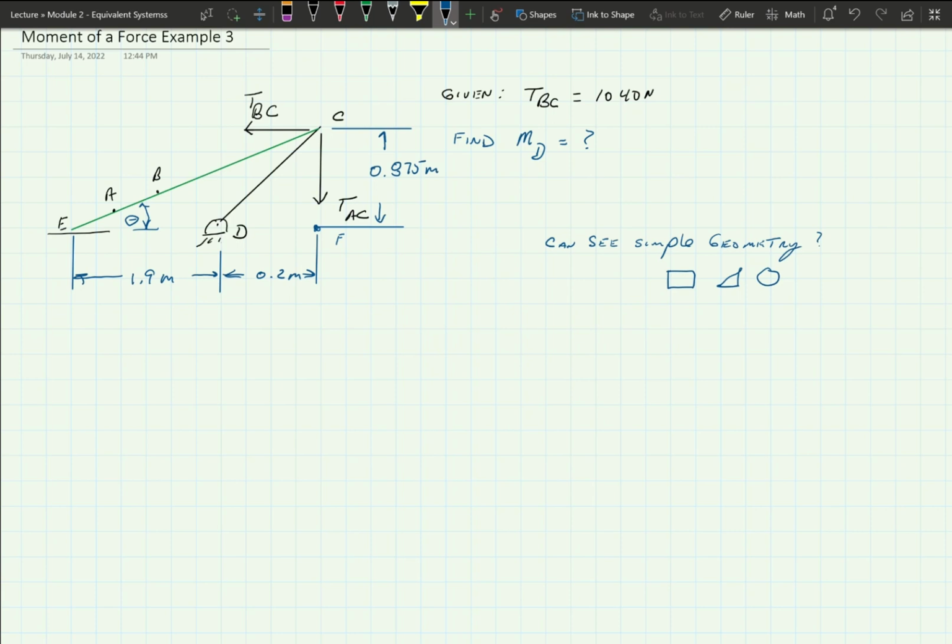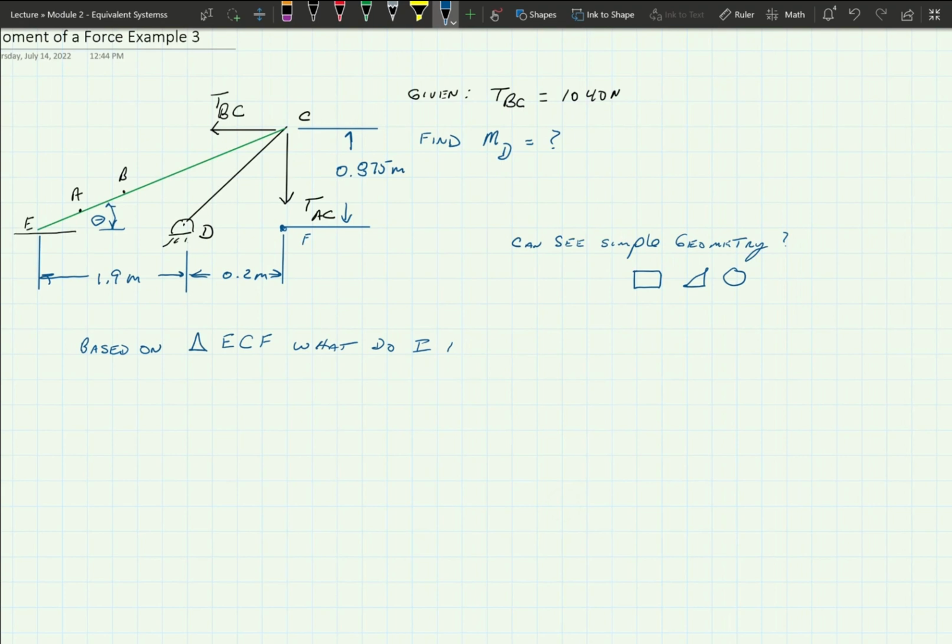So then what I really need to know is, based on triangle ECF, what do I know? Gee, that's a really crappy way to spell. Let's clean this up.